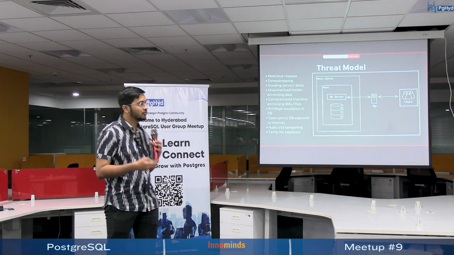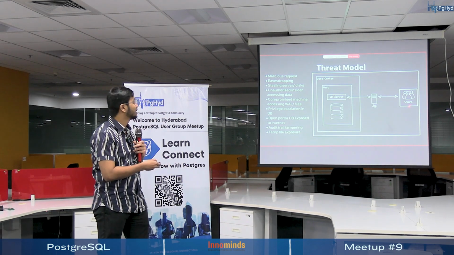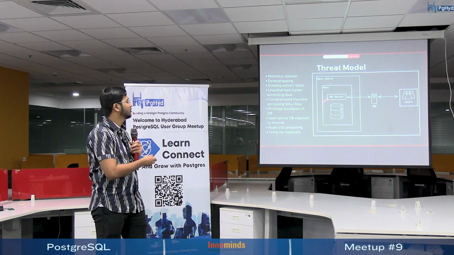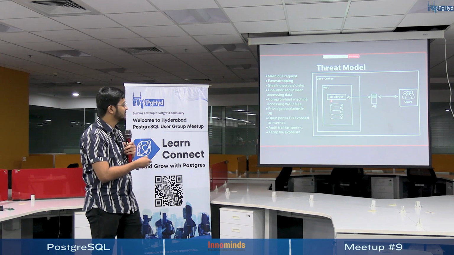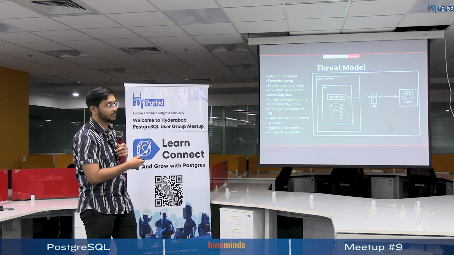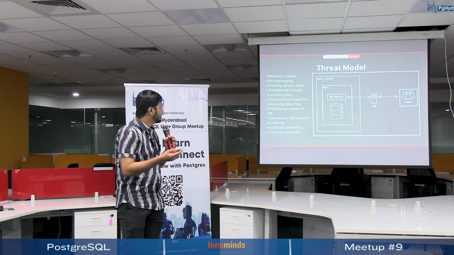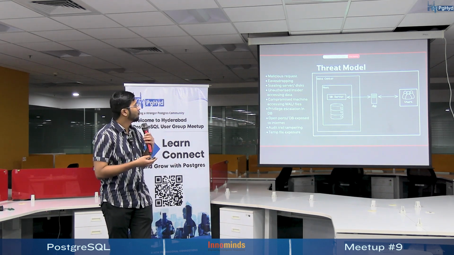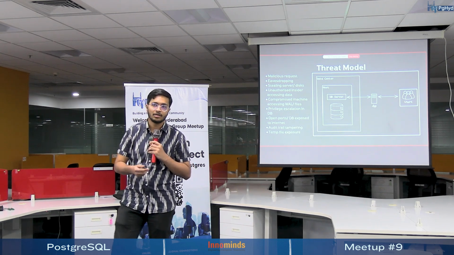For example, you can look at encrypting your data not just in transit. Transit is when it's coming from the user to the server. You also have to think about how exactly you can encrypt data that's already present in the file system, which is present in your host, the server machine. Now, there is another attack. What if your machine has been compromised and someone is trying to access the files present?